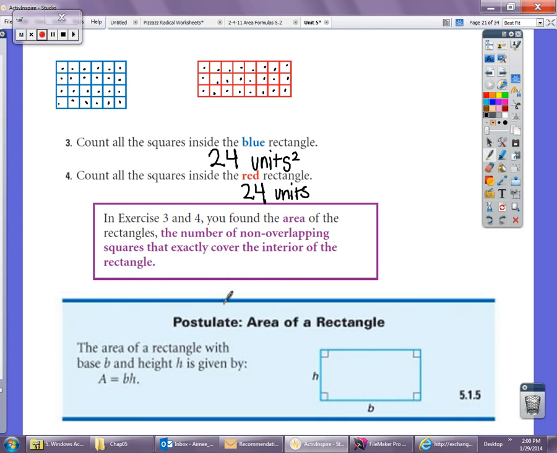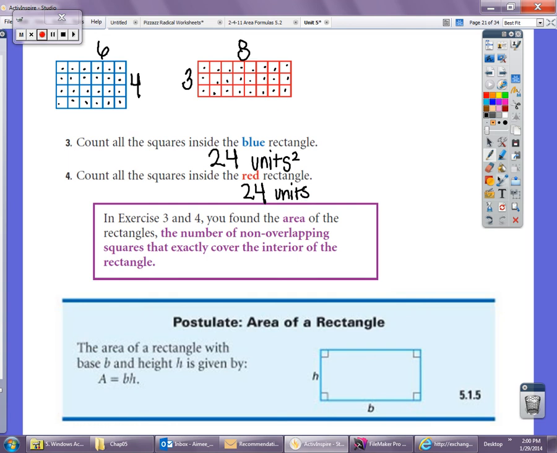So I always have square units. In this case, I have 6 columns of 4, or I can say I have 4 rows of 6. Over here, I have 3 rows of 8, or 8 columns of 3.